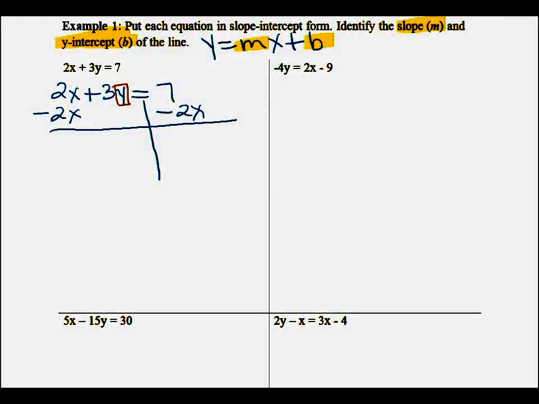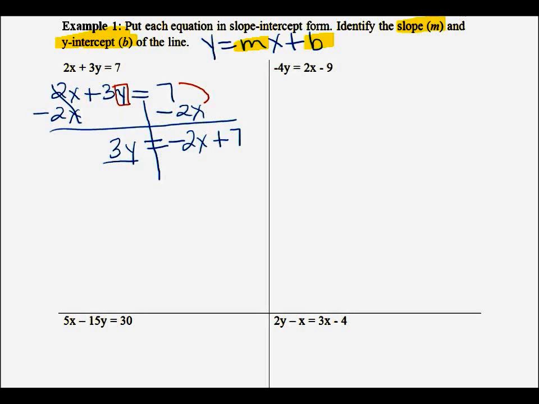That leaves me with, cancels out on the left, 3y equals, now when I get here, 7 and this negative 2x, those are not like terms, so I can't combine them. All I can do is rewrite them. And notice that I'm putting the x term in front, negative 2x plus 7.